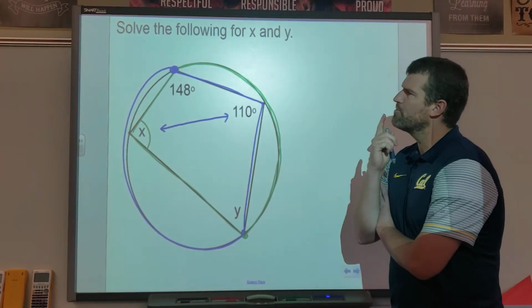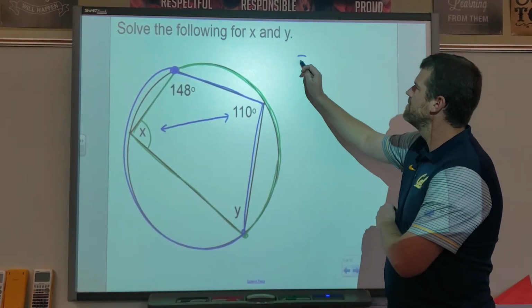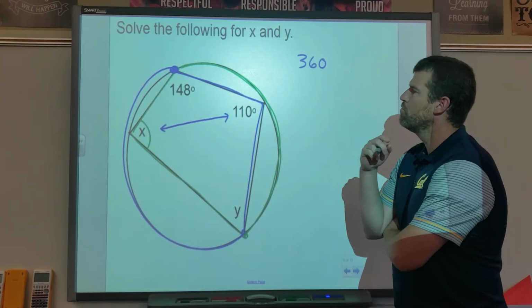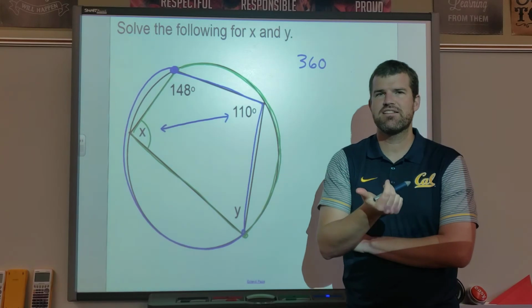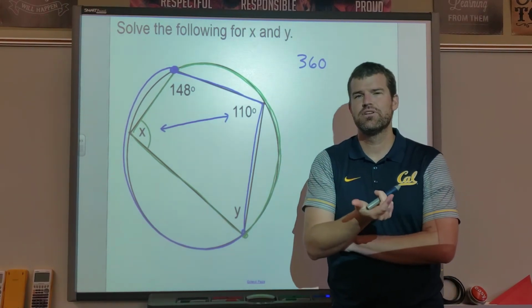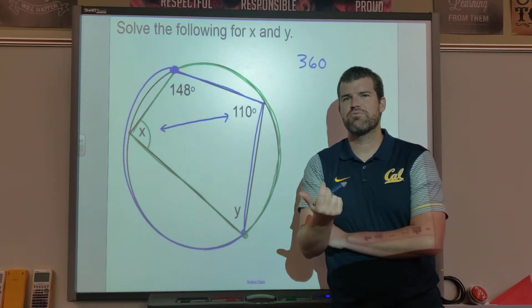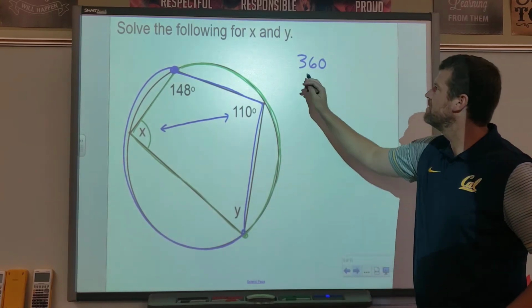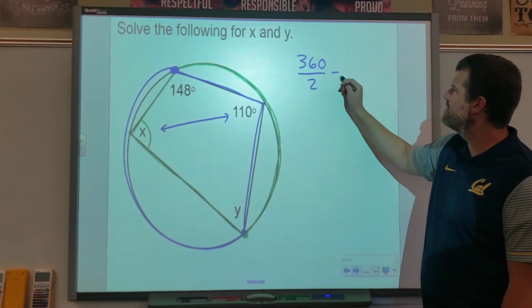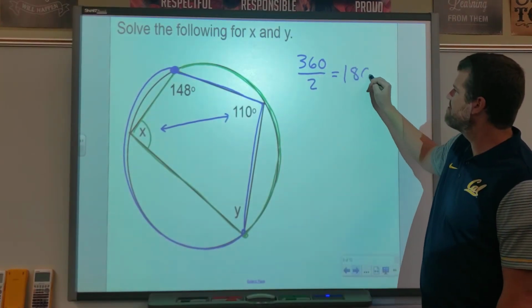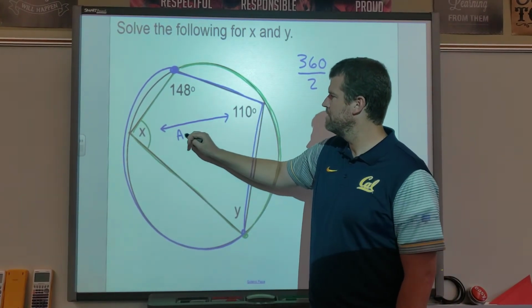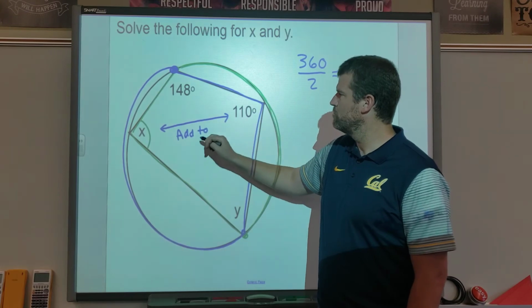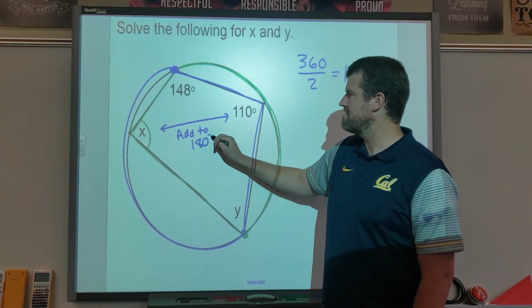So if those form 360 degrees, what will the two inscribed angles that formed that 360 have to add up to? Well, inscribed angles, as we've talked about, are half of the arc. So if we cut that in half, that means that these two angles right here have to add to 180 degrees.